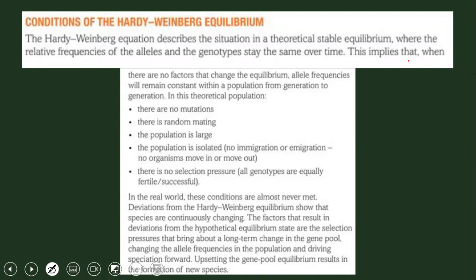The more impressive the tail of the peacock, the better chance that peacock has with mating as compared to the peacock that perhaps has a smaller tail, right? So mating depends upon the phenotype, and that also causes natural selection to take place, because the peacock with a bigger tail is going to have a greater chance of mating. There's going to be greater chance of that genotype passing on, and natural selection can take place.